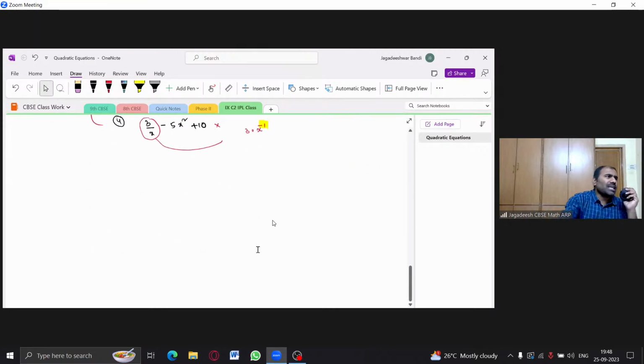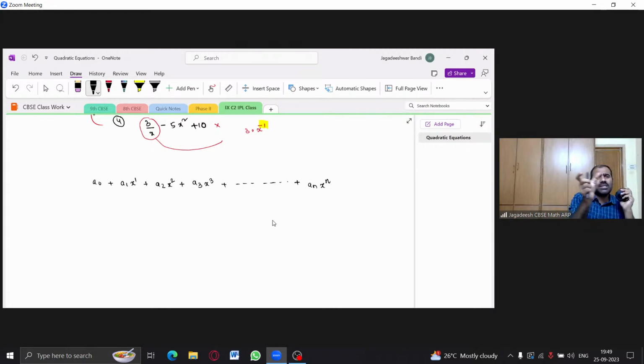Now, let us observe the standard pattern, or the standard form, of a polynomial, which is written as a naught plus a1 x power 1 plus a2 x square plus a3 x power 3 plus and so on plus an x power n. All these are terms: a naught is one term, a1 x power 1 is another term, a2 x square is another term, a3 x power 3 is another term.